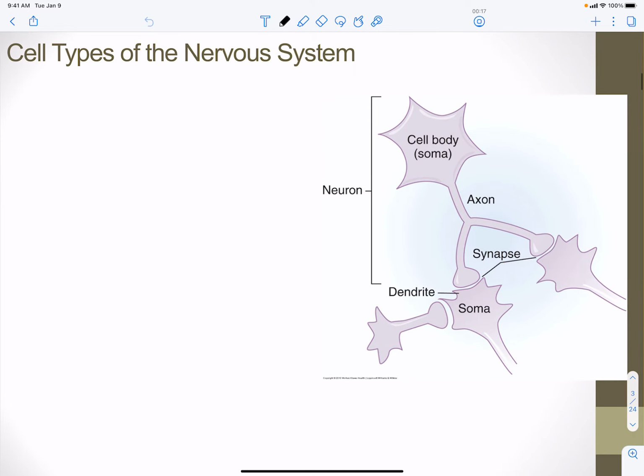So first off, this is just a very simplistic drawing of the cells of the nervous system. And so of course you see here that we have our neuron, and the neuron is really what transmits signals. And so within the neuron, you have the cell body or the soma, and the cell body has long axons and dendrites.